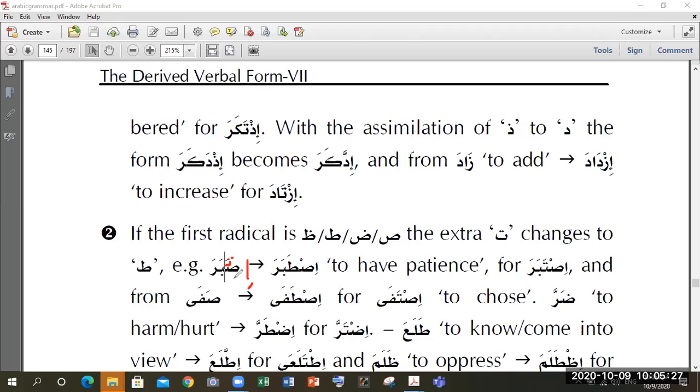Now, if the first root letter is sod, so instead they changed this ta into to, and it is istobara.